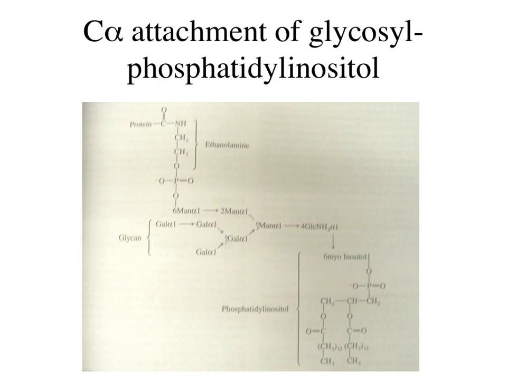It's comprised of an ethanolamine linker via an amide bond, glycan, and inositol phosphate, shown here. The advantage for simple membrane proteins is that this type of anchoring may be regulated by enzymes that hydrolyze the linkages.